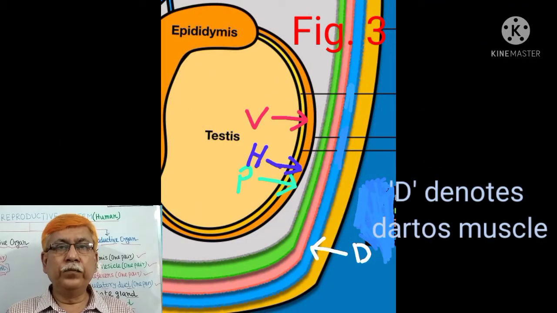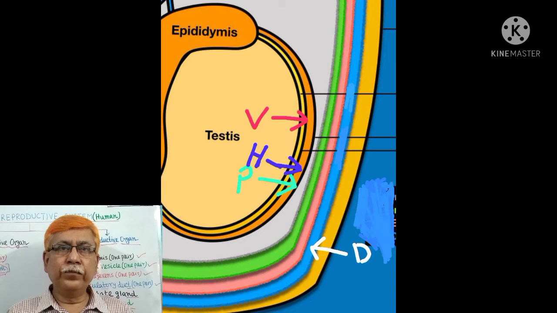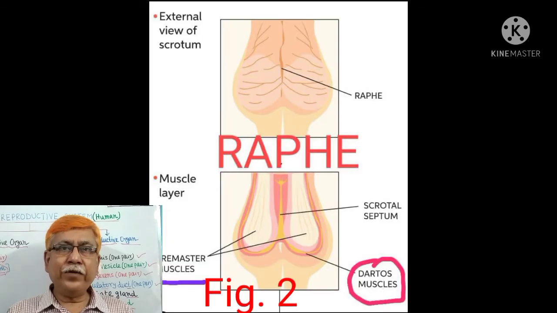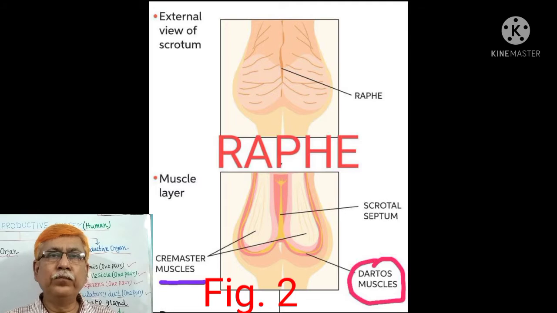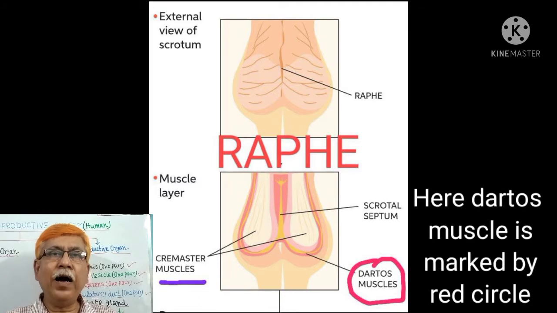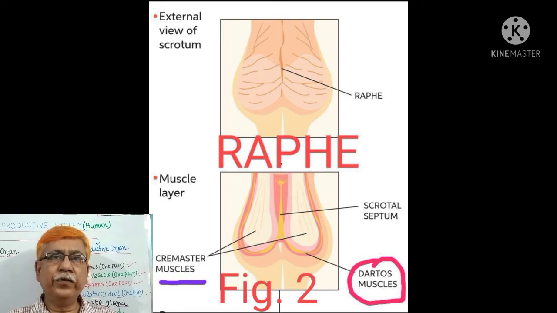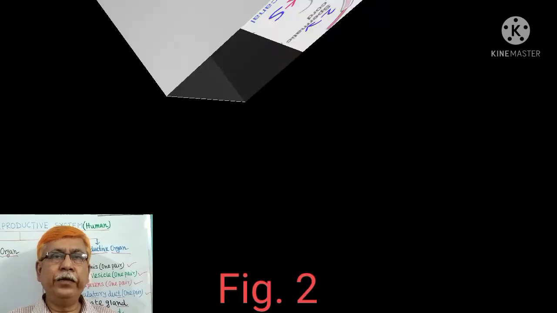During cold, the dartos muscle of the scrotum, which you will find denoted by D in this figure, contracts and puts up a thicker investiture around the testes, and also movement of testes towards the pelvic cavity takes place.